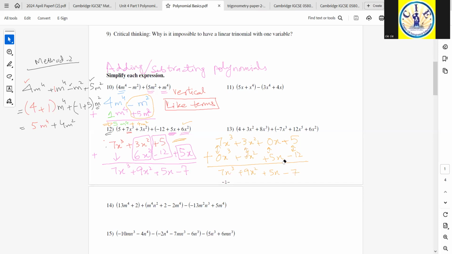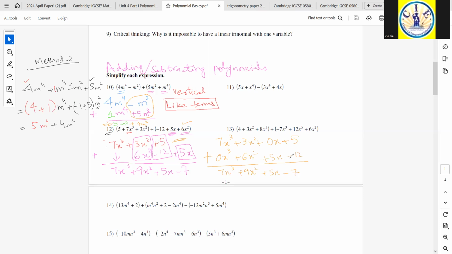So again, you get the same answer, same result. So normally this works well for most of the students. So this is how we solve them with the vertical method.